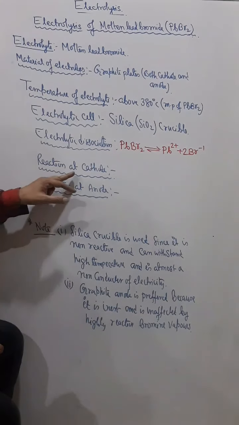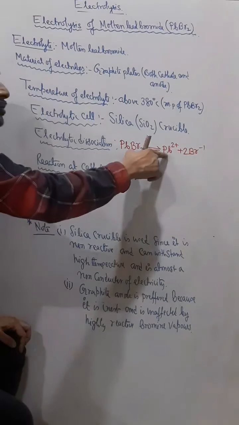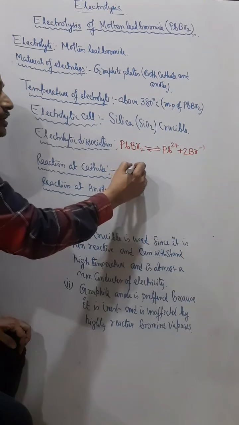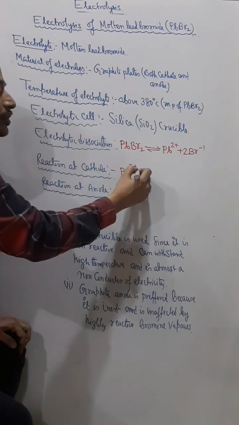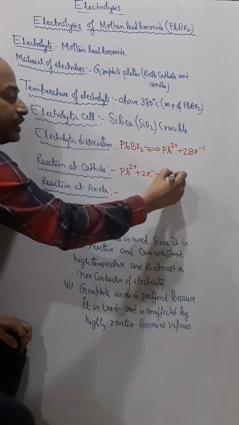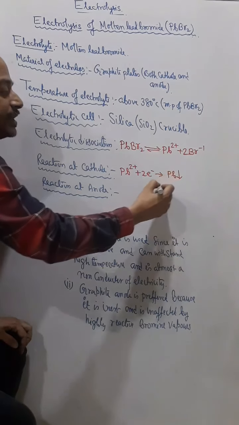And then reaction at cathode: at cathode lead ions will be discharged, so Pb2+ will gain 2 electrons, and there will be a deposit of lead.